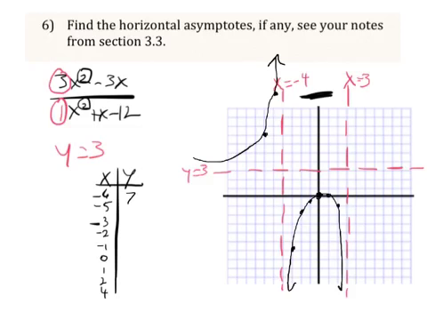And then outside of 3 here, at 4, we're at 4.5. At 5, we're at 3.33. And we've got this all listed.